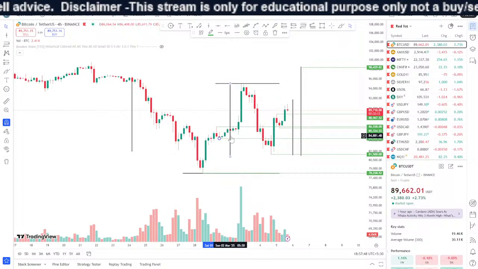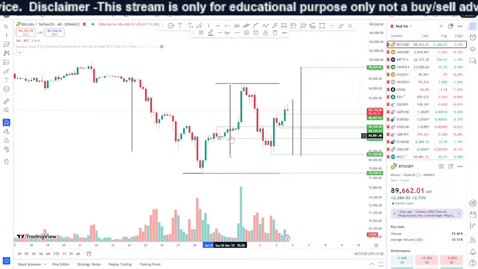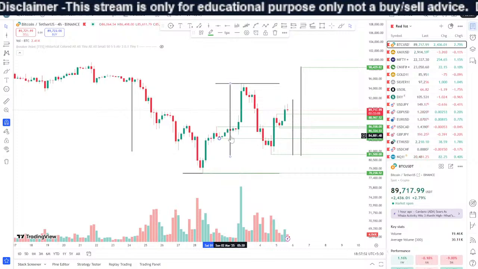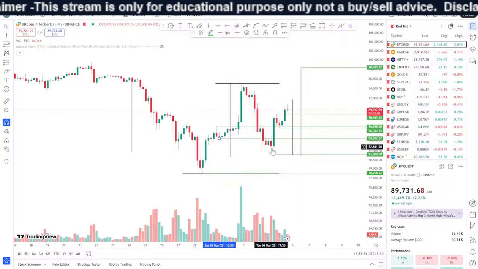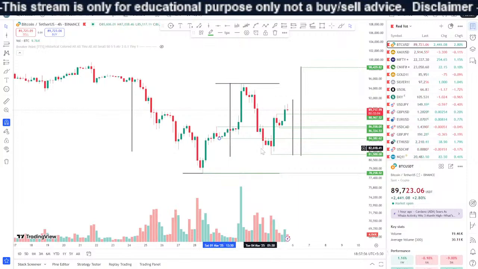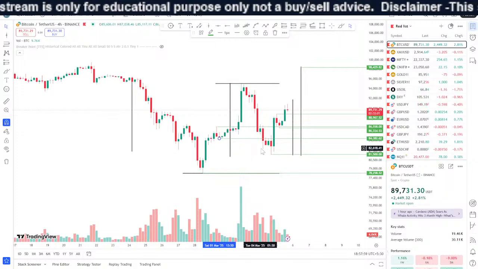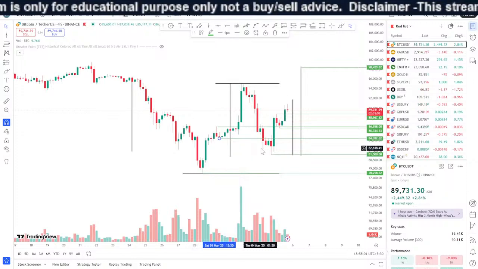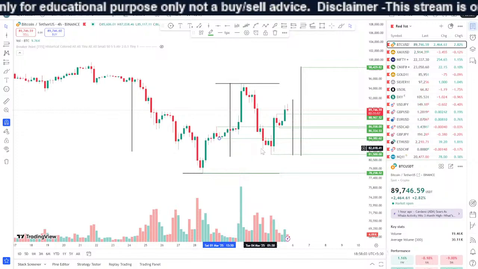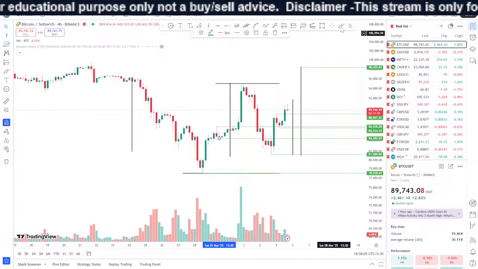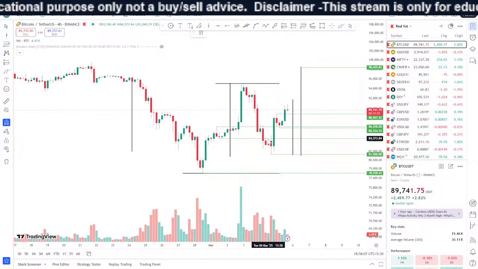The 4 hours target is still pending, right? 98,000 is the 4 hours target in the current scenario because we are taking from this point of action, right? So we have got a pattern over here. We have got an inducement built over here. In 4 hours, continuity followed through as per the inducement rejection, right?